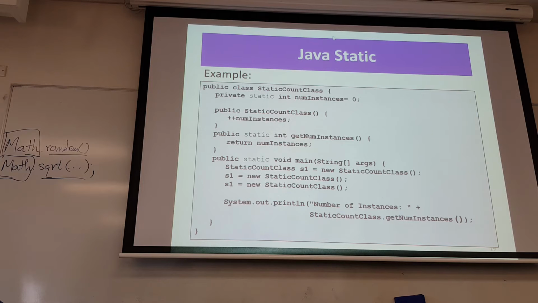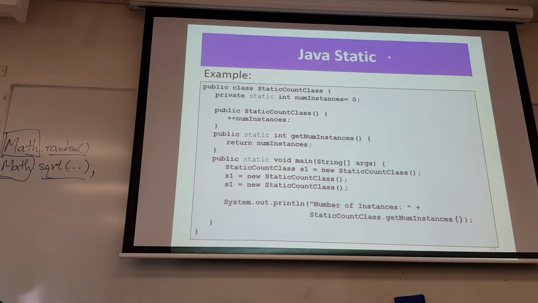Now, every method which is not static can work with data members which are static or non-static. Every method which is called an instance method, like this one, is not declared to be static. Okay.